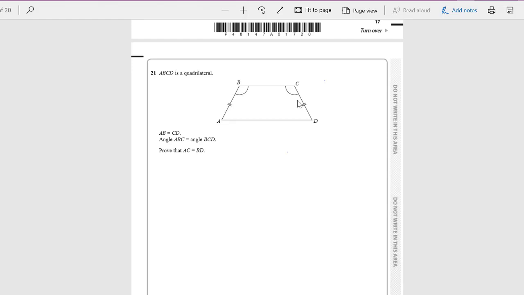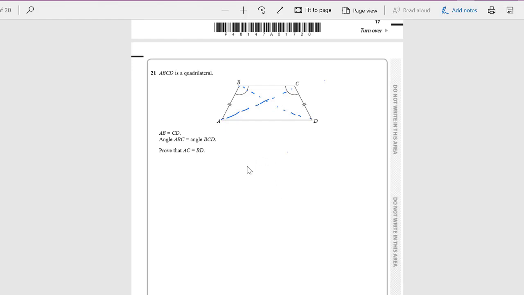So these two are the same because they're the same length, and this is a horizontal line, so that means that these angles are going to be the same. So prove that AC, this line here, and BD are equal. Essentially what it wants to know is prove that these two lines are equal.